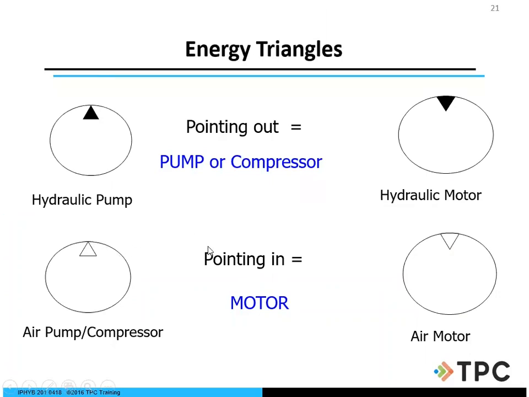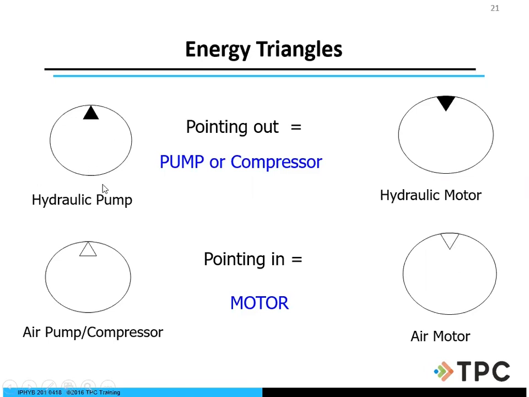Now, the thing to help you remember that is that my pump is pumping. I'm going to put something out there, and so that is the direction of pump output flow. On our motor, sometimes in our system, it all depends upon the application, it is turning. So we say the motor side, the hydraulic motor or the air motor, when the air is pointing down, that is the motor.